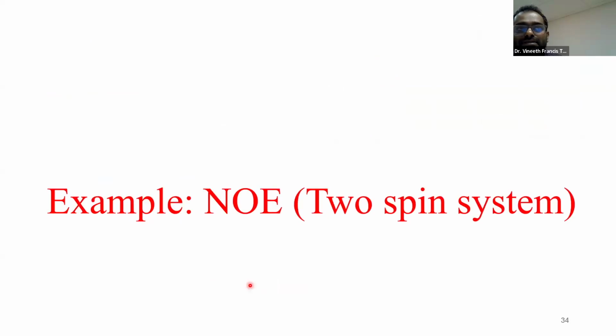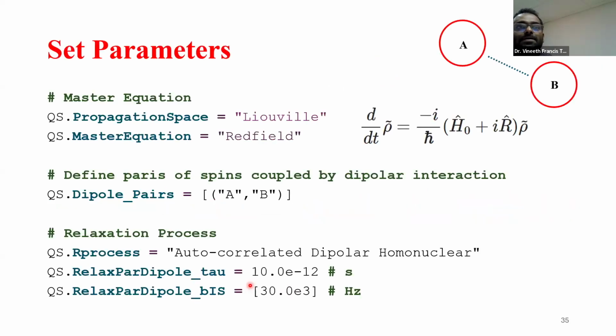Now we go to the second example, which is NOE, a two-spin system. So we have 2 spins. They will relax due to dipolar field. I am skipping the initializing lines where you define the spin list. It's the same. Now I'm mentioning what you will add new or what changes you are going to make.